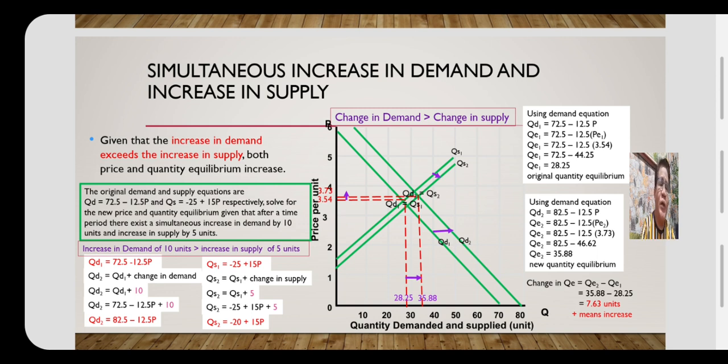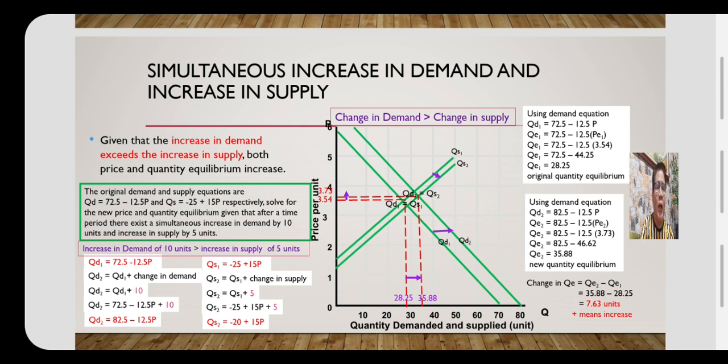And since the price equilibrium original is 3.54, therefore we have now 72.5 minus 12.5 times 3.54. To simplify, this will bring us to the value of 28.25. And 28.25 is now our original quantity equilibrium.